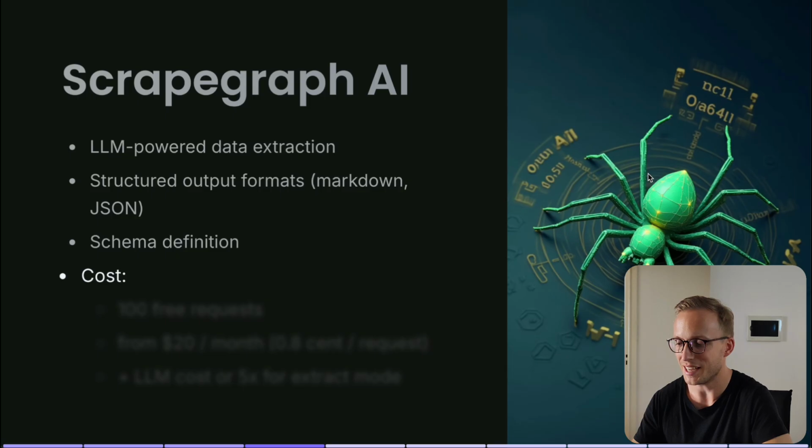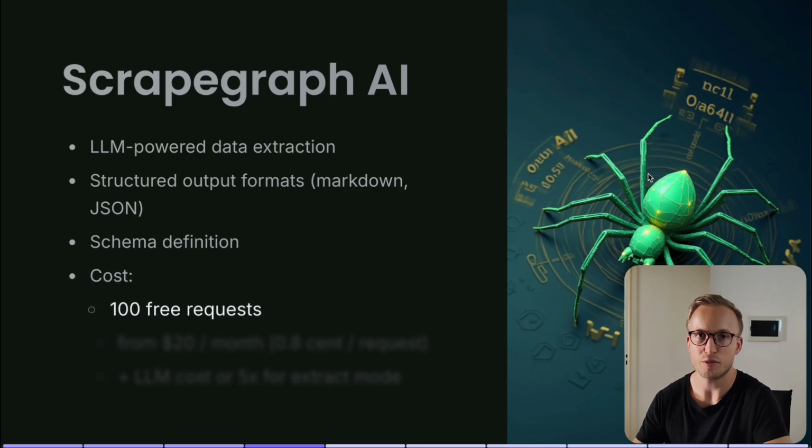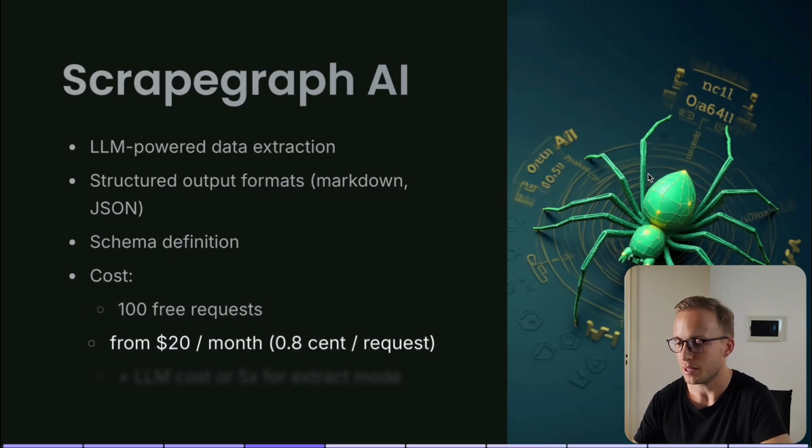And on the cost side, you get 100 free requests on sign up, and then they also only offer monthly subscriptions starting from $20 a month. And if you do the math, you end up spending 0.8 cents per request if you use your monthly request limit.